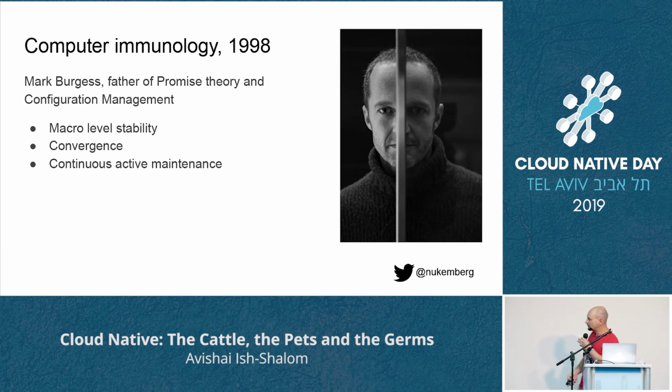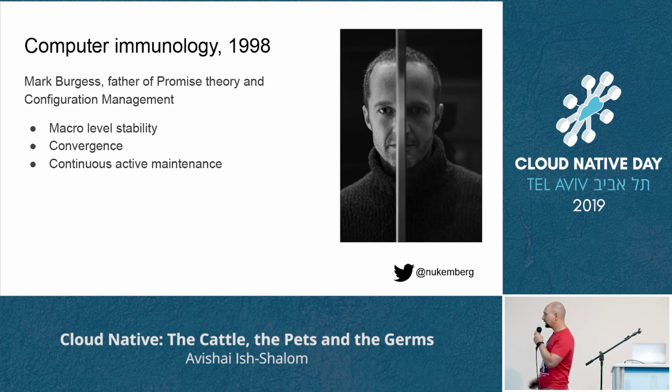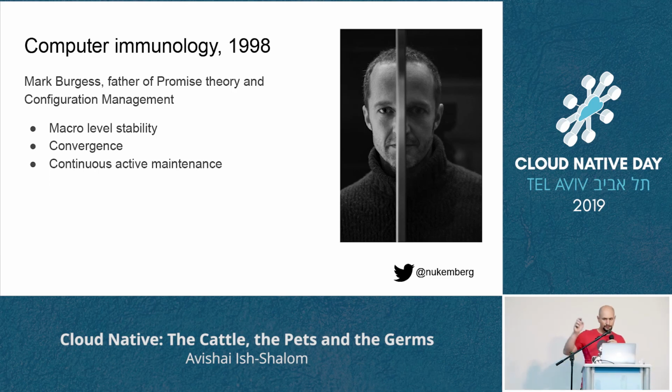He published a lot of books about promise theory, which is basically the theory behind all of the stuff that I talked about, and how to build this new generation of systems that can actually survive in this world. So I highly recommend that you go and look up his books and read them.